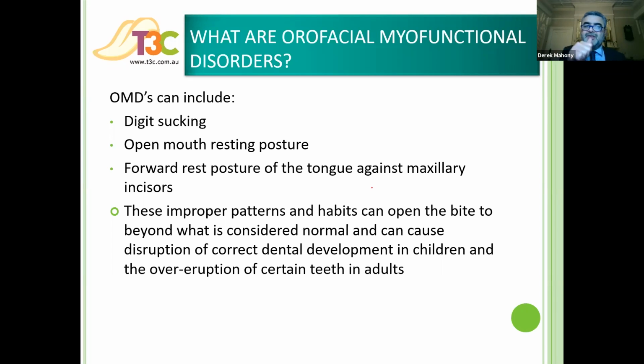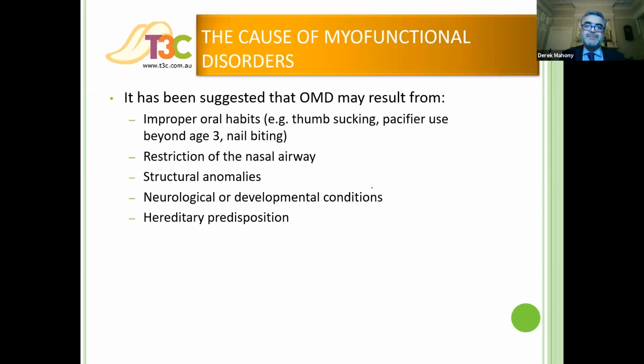It can be digit sucking, it can be an open mouth posture, it can be a forward rest posture of the tongue against the incisors. And these improper patterns can open the bite to beyond what is considered normal and can cause disruption of the dental development in children and overeruption of certain teeth in adults.